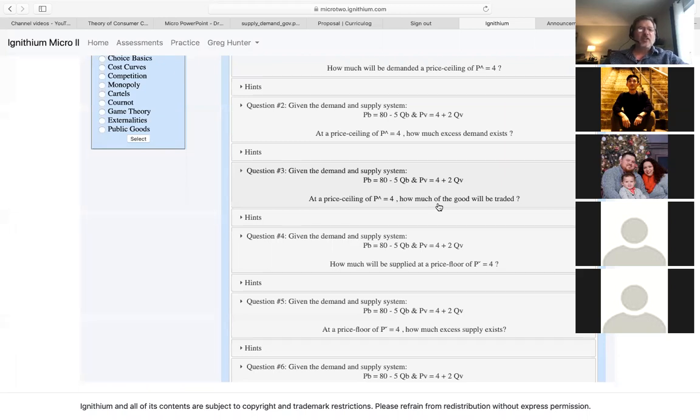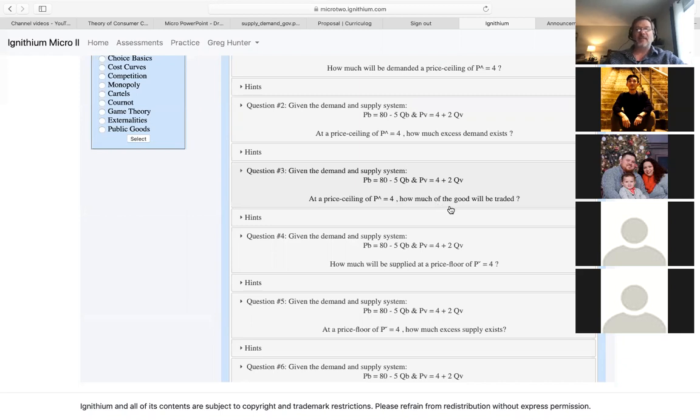And since the market's otherwise free, and when we say the market's free, what we mean is that nobody's being coerced into trade, then the quantity supplied is going to be smaller than quantity demanded. The sellers are just going to sell what they want to sell. They're going to get sold out.